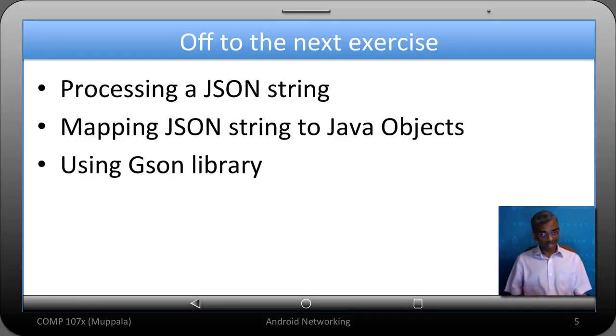Then we'll see how you would deal with the JSON string if you need to go to a server and fetch the JSON string. So that's where the networking part comes into the picture. And then finally, we'll look at doing asynchronous operations where you can hand over some of the work to be done in the background and then update your user interface at the right time.